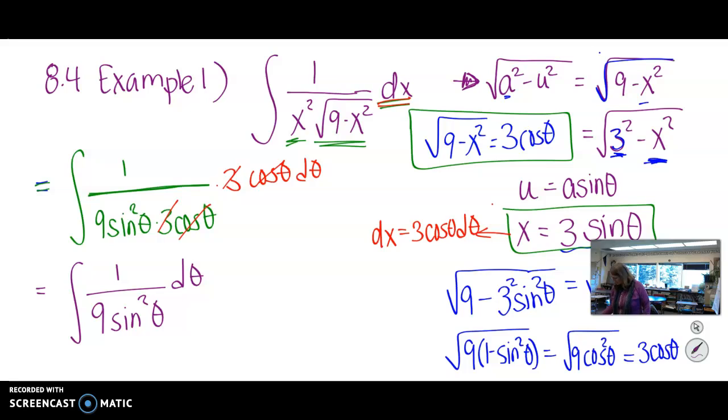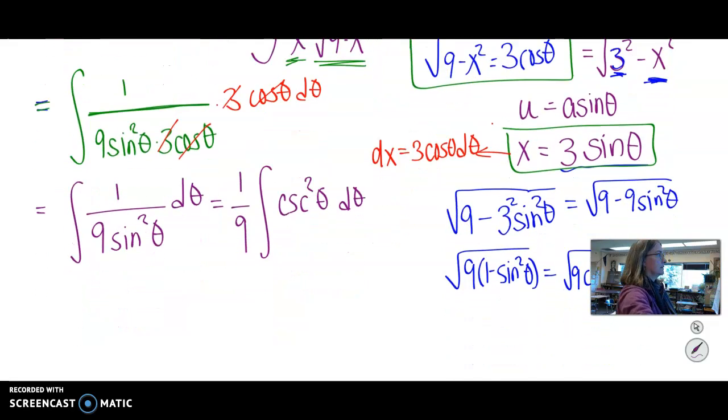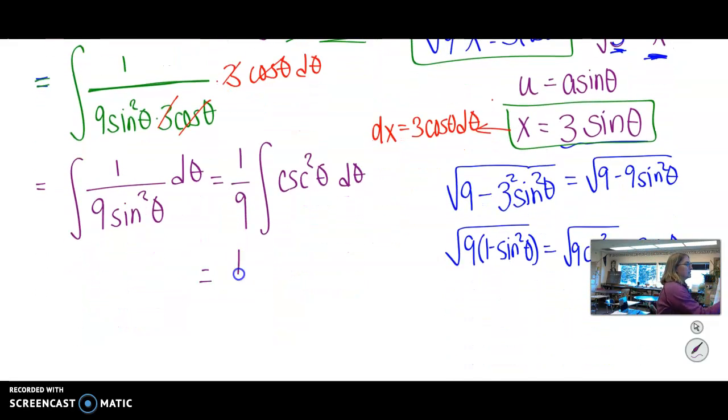Okay, so at this point, we do not have a direct substitution for 1 over sine squared theta, but I can pull out a 1/9, and instead of writing 1 over sine squared theta, think of its reciprocal identity, which would be cosecant squared theta in the numerator, d theta, and we do have an antiderivative for cosecant squared theta, and hopefully you remember it is tangent.